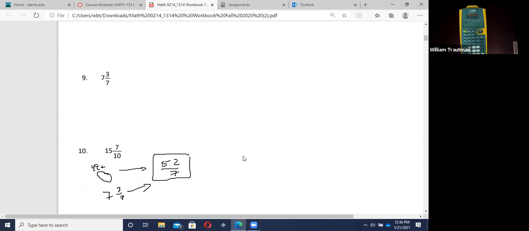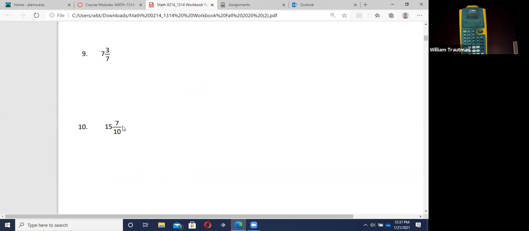All righty. And number 10, try that one. Multiply these two and you get 150. Add the top, I get 157. The bottom stays the same. 157/10.